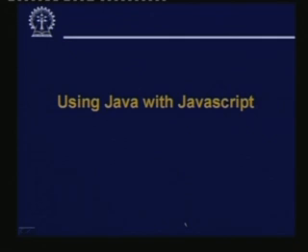Now, let us see Java and JavaScript, how they can work together. We had talked about how JavaScript code can be embedded inside an HTML file, which can be downloaded and executed on the browser.